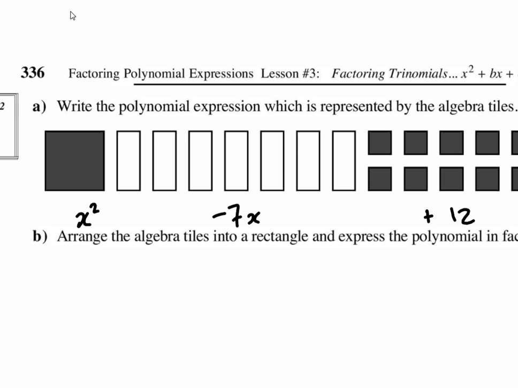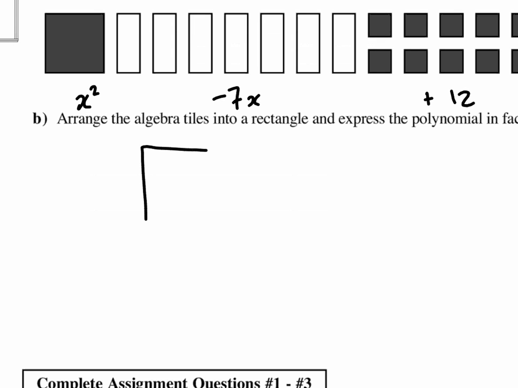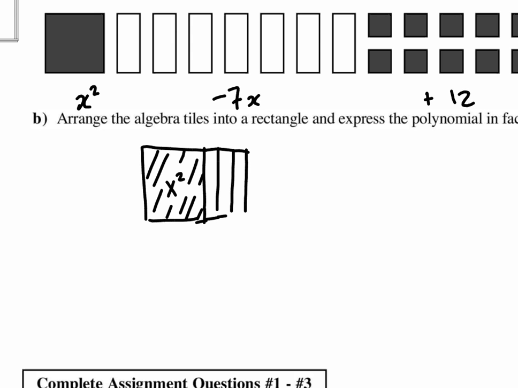So we have the x squared tile. That's our shaded one. You could have put the 4 or the 3 on this side, doesn't matter. 1, 2, 3, 4. Now they're all negative, and that's okay.